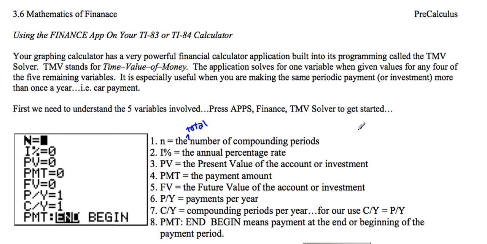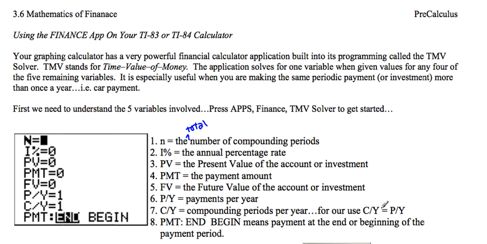All right, the I percentage is the interest percentage rate, or the annual percentage rate. PV is the present value of the account or investment. PMT is the payment amount if we're making payments over a certain interval. FV is the future value. P over Y is payments per year, and C over Y is compounding periods per year.